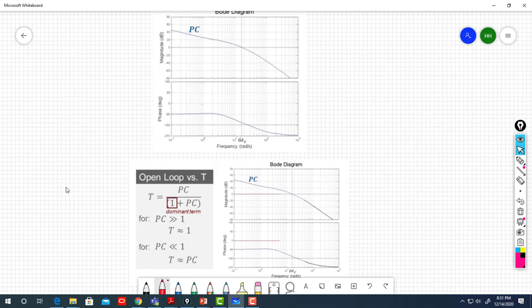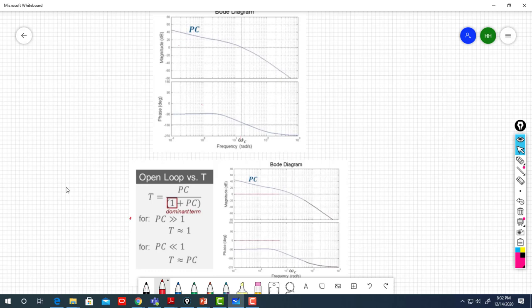To compare both, drawing the Bode diagram of both of them, let's consider the case when PC is much bigger than 1. Then neglect the 1, so T is approximately equal to 1, and therefore the Bode diagram of 1 is asymptotically 0, right? That's how we draw a Bode diagram. Then we take the other case where PC is very small in front of 1.